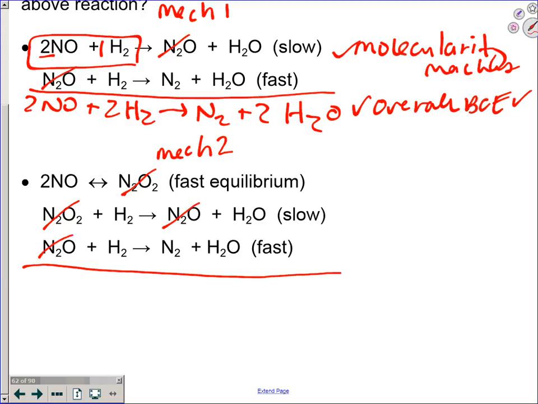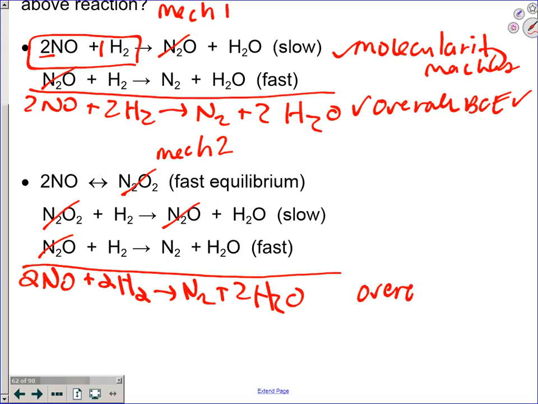And nothing else should cancel. So what's the overall? 2NO plus 2H2 equals diatomic nitrogen plus 2H2O. Okay, so does this match the overall? I mean, you can't see it now, but this one did, right? So this is the same thing. Okay, so the overall matches.